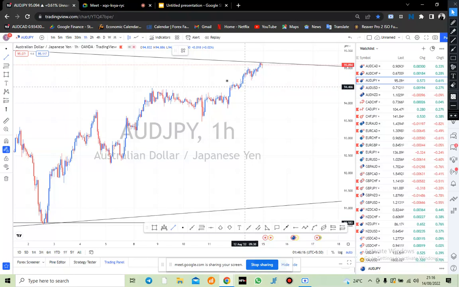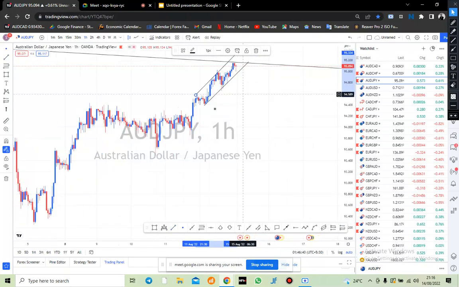So if this is the high and this is the low, then I'm going to draw the trend line from this low connected to the next low, something like this, and then the high, something like this. Okay, this is on 1H time frame.